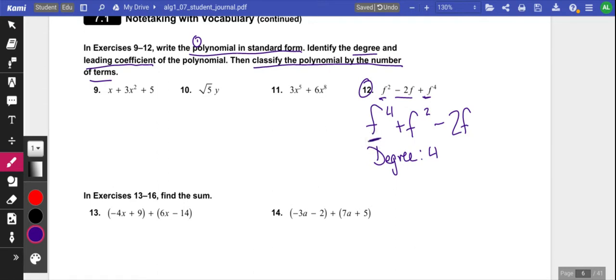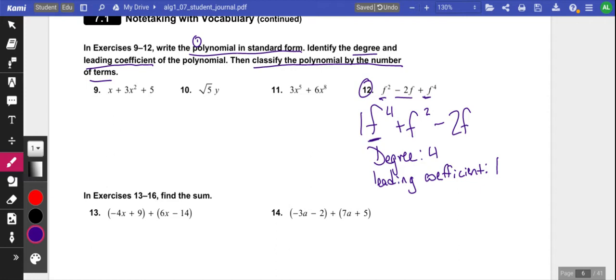I don't have a coefficient, so I know that means my coefficient is 1. So my leading coefficient is 1.